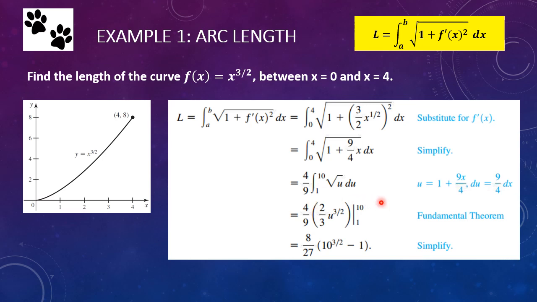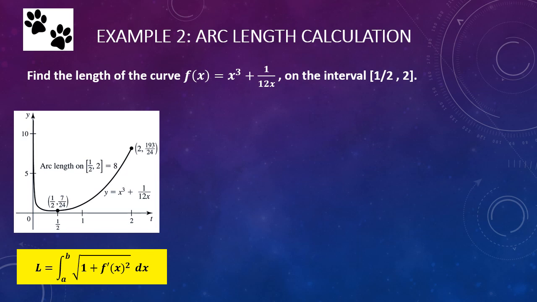And again, these are techniques you should have learned and remember from Calculus 1. You might want to go back and look at your integration techniques, especially substitution. And the total here, when you do this out, you should have got 9.1 units.